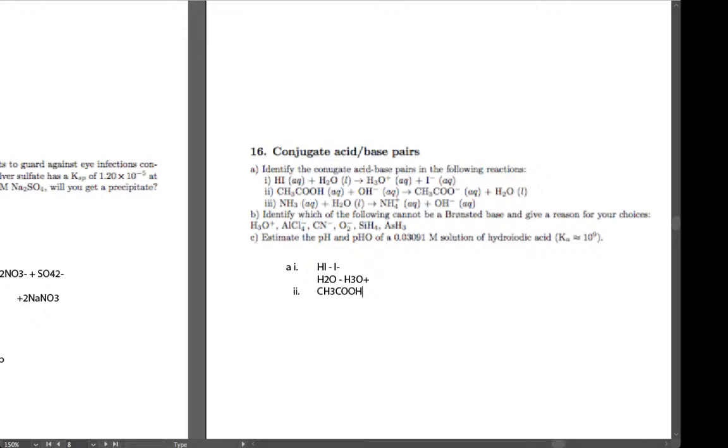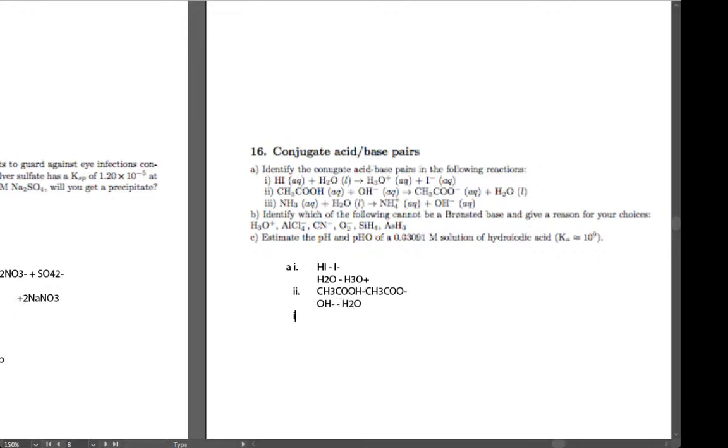CH3COOH would pair up with CH3COO minus there. Basically, the ones that have the same thing would be paired up. That's the quick way to say it. So OH minus would connect to H2O.